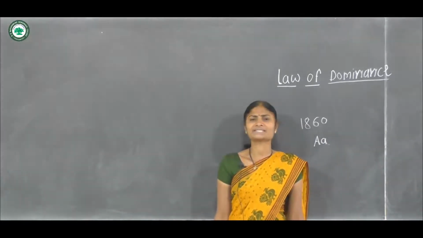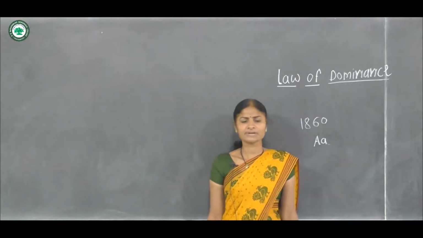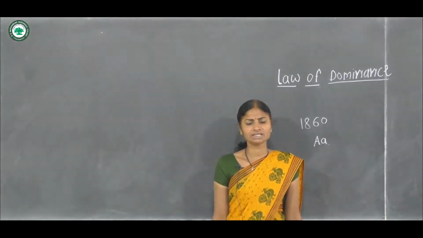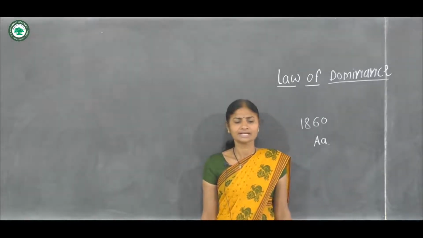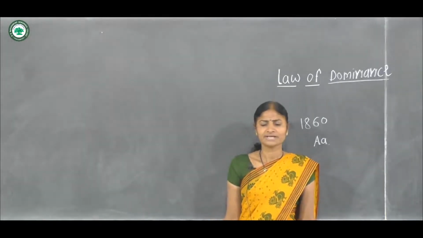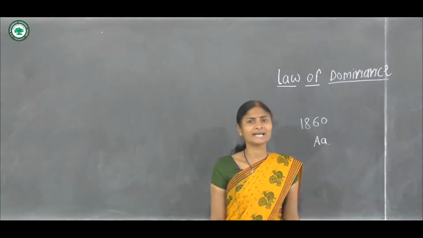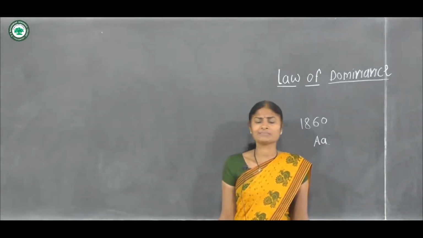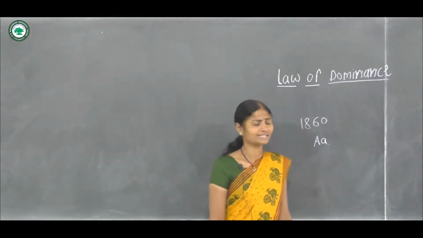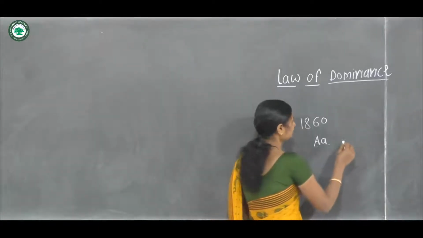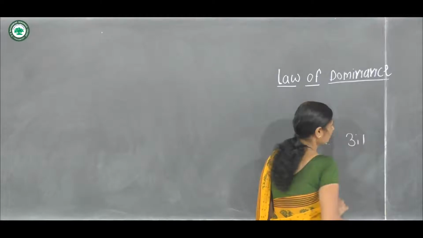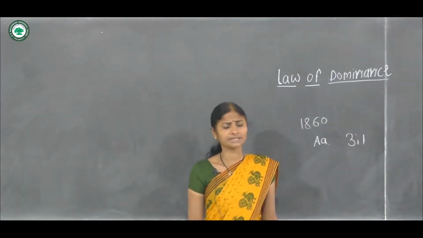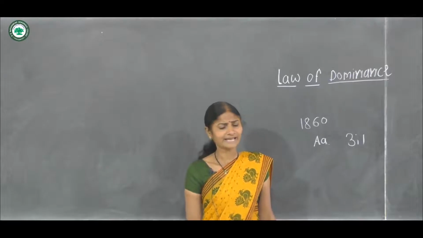The law of dominance explains the expression of only one of the parental characters in a monohybrid cross in the F1 generation, and the expression of both characters in the F2 generation. It also explains the proportion of 3:1. The ratio obtained in the F2 generation is 3:1.